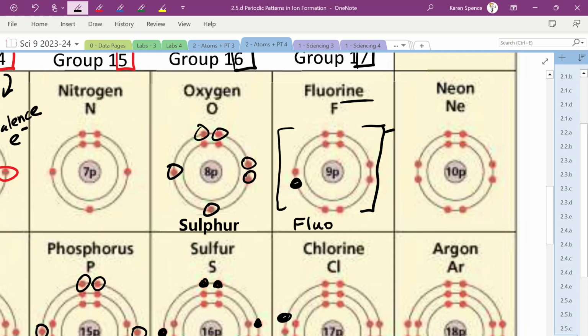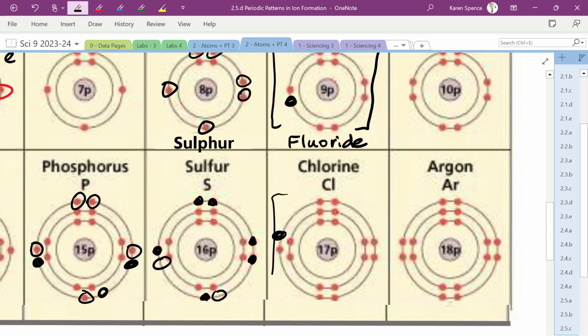FLUO. FL what? UO. So you have to remember, when you're talking about fluorine, you should have the flu first. Oh, whoops, sorry. It's an ion, so it's not fluorine, it's fluoride.